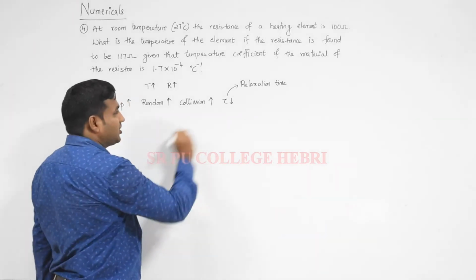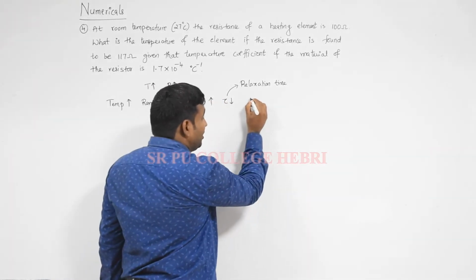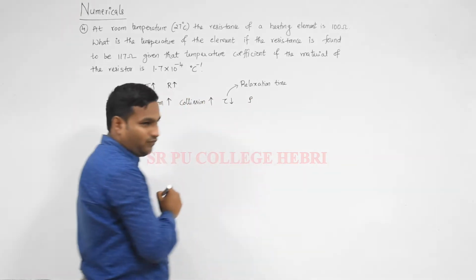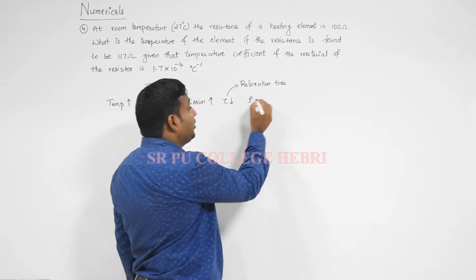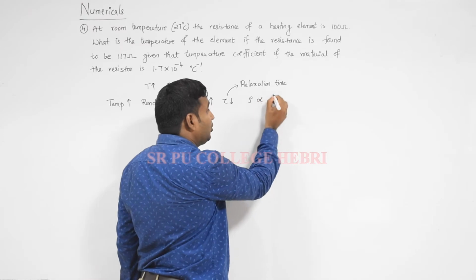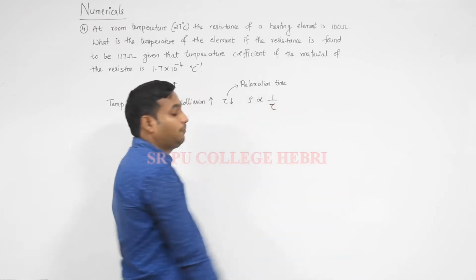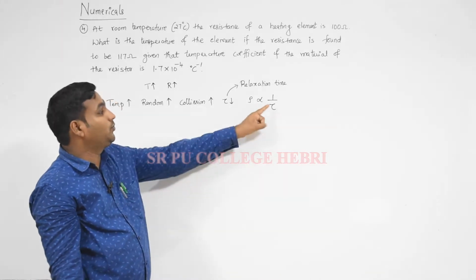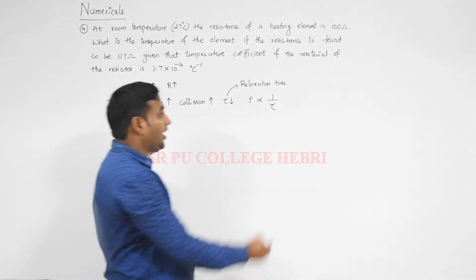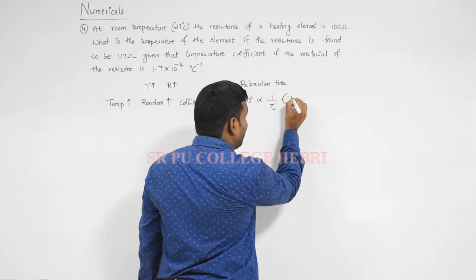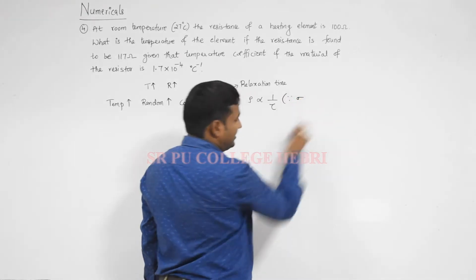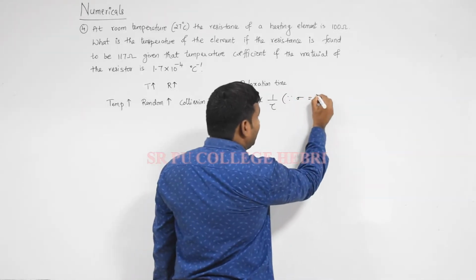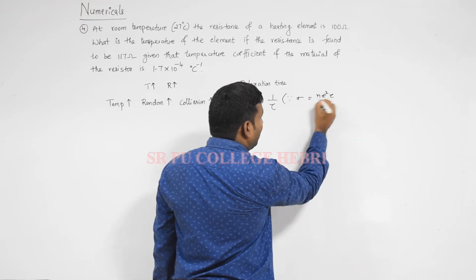As relaxation time decreases, the resistivity of the material of a wire is inversely proportional to relaxation time. Keep that point in your mind. This is because conductivity sigma is nothing but n e square tau divided by m.